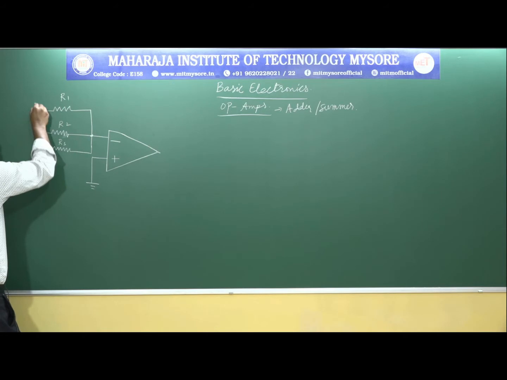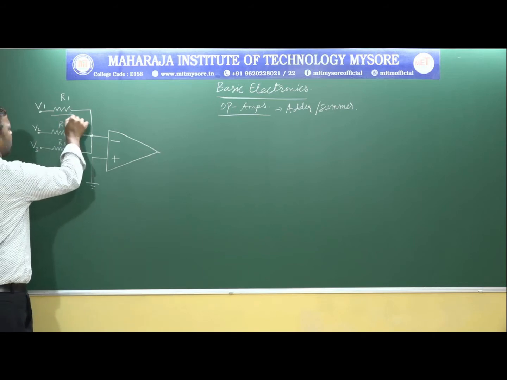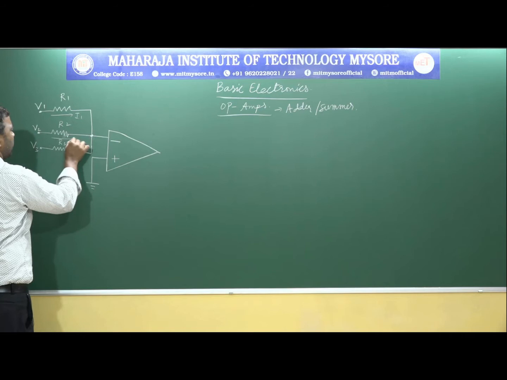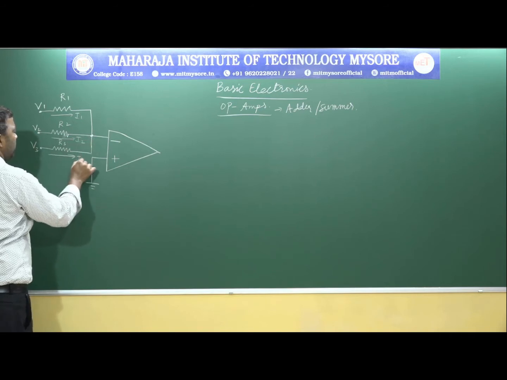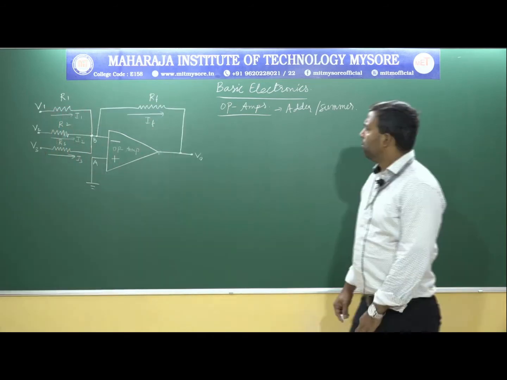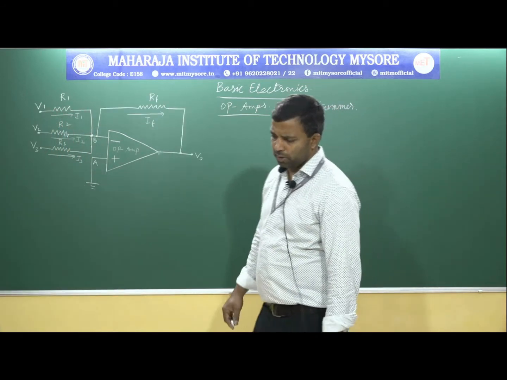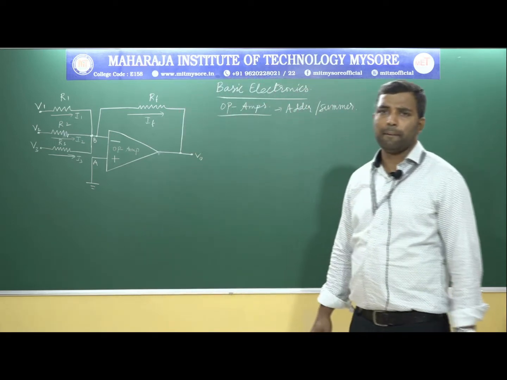Through these we are applying V1, V2, V3. The current is I1 through R1, I2 through R2, I3 through R3, and IF. So, this is the circuit diagram for the adder or summer.